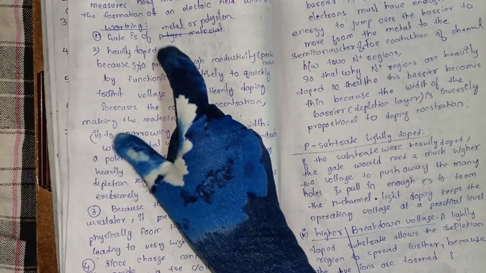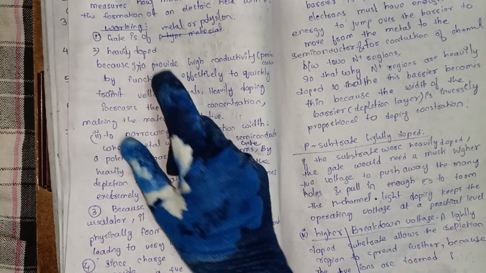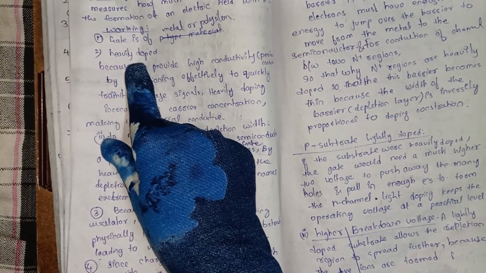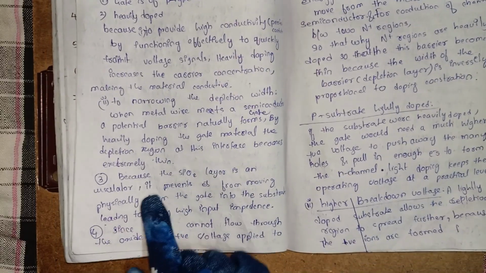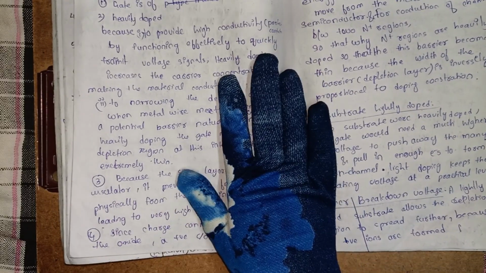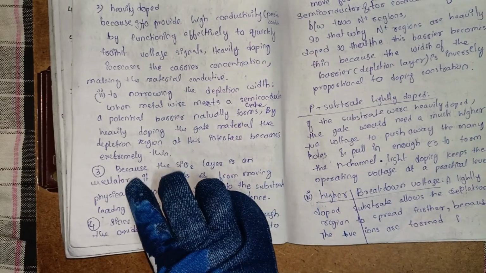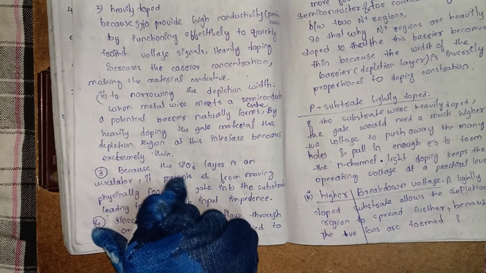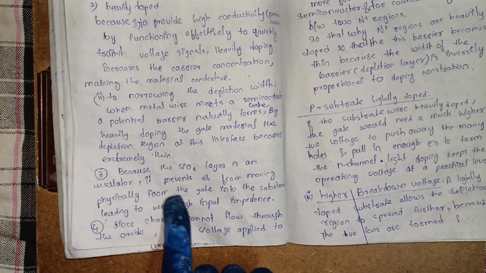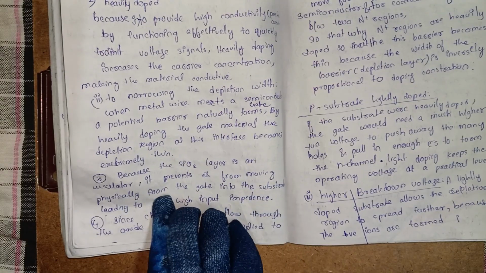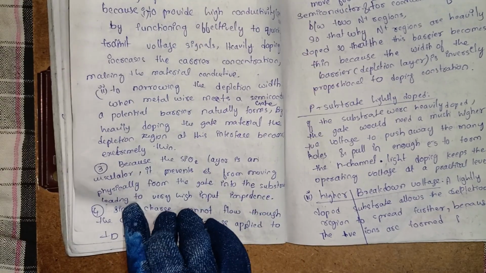These are the only two reasons why it is heavily doped. So in the working of the EMOSFET, the third point is that the silicon dioxide layer is an insulator. It prevents electrons from moving physically from the gate into the substrate, leading to very high input impedance.